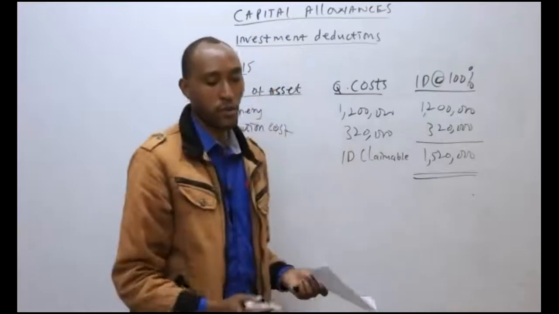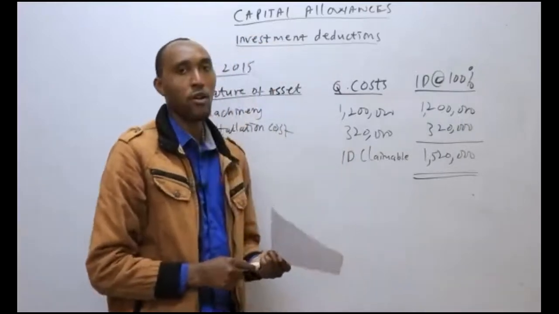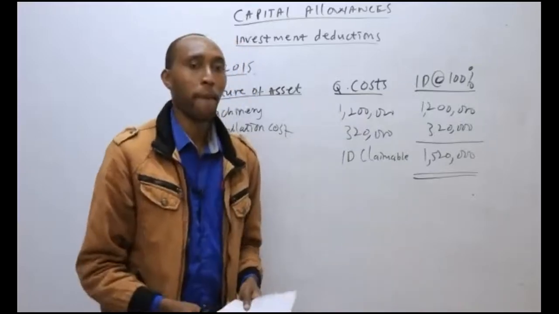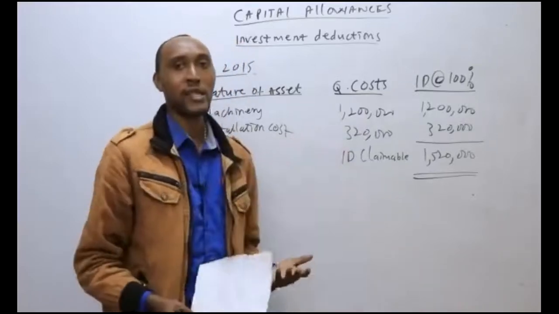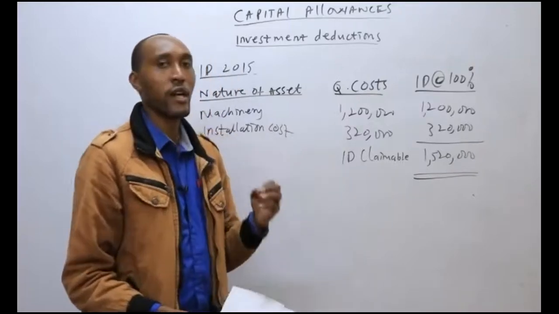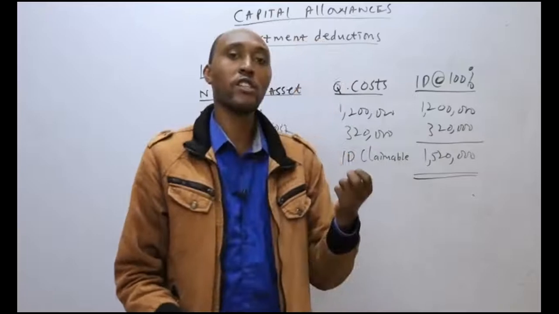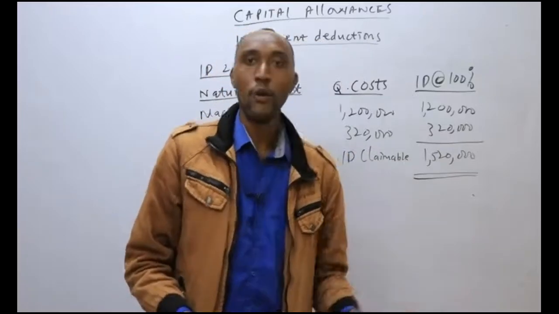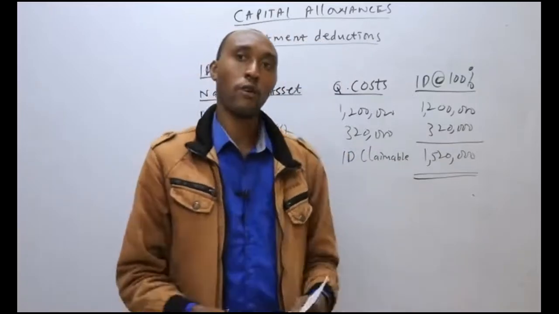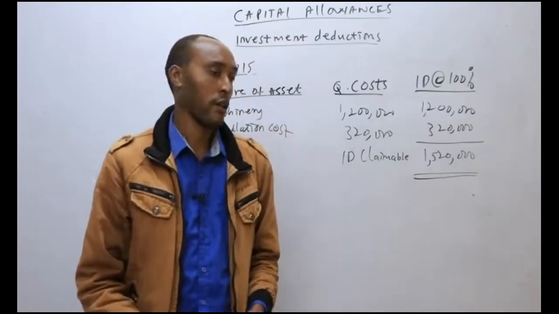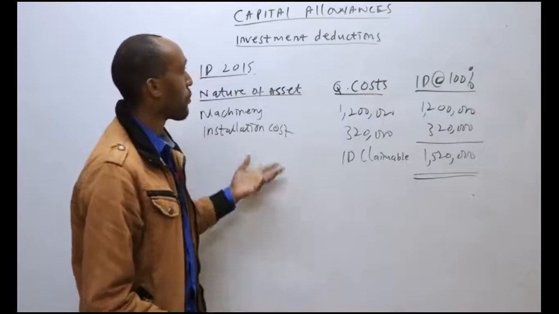If the question was 20 marks or 10 marks, you get your clean around 3 marks or 4 marks. So you have seen it is something very simple. You only need to identify what you need to know at your fingertips. You need to know what belongs to ID, what belongs to IBD, what belongs to wear and tear, and what belongs to farm works, capital allowances.